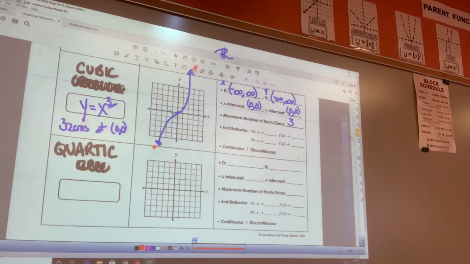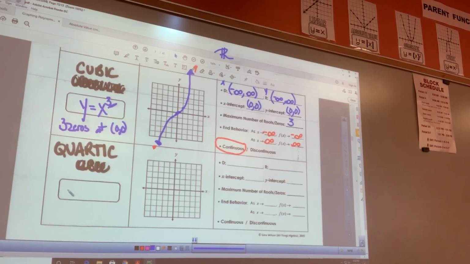When I put in a -10, what do I get? -1000. So as x approaches negative infinity, our y values, our f(x), approaches negative infinity. So let's go the other way. As we are approaching infinity, what are our y's doing? They are also approaching infinity. And this is a continuous function.